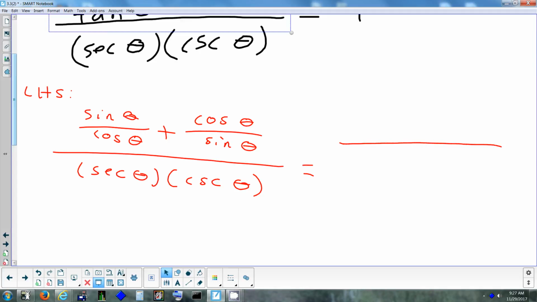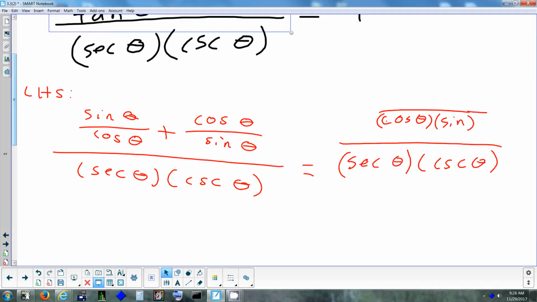Cosine times sine. Yep, cosine times sine. So keep the bottom the same, and in the top, the common denominator is going to be cosine times sine.